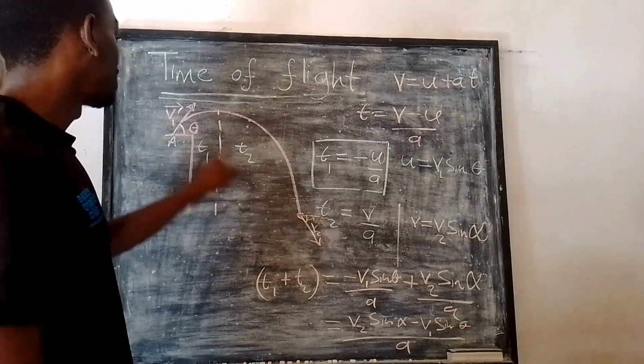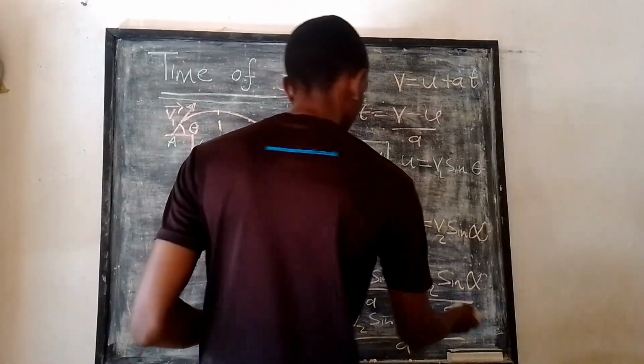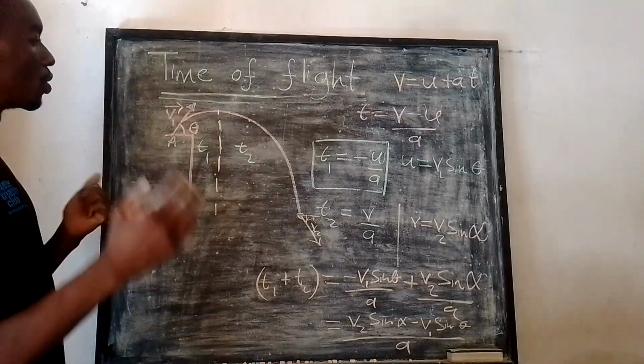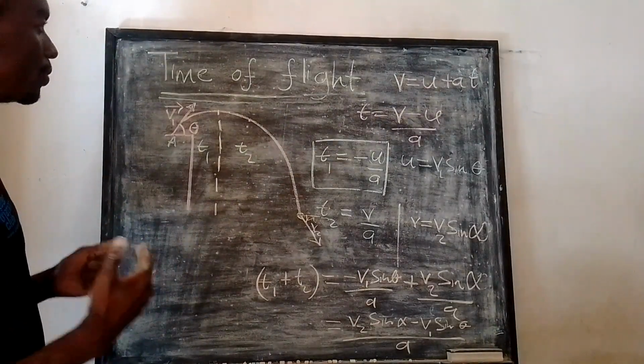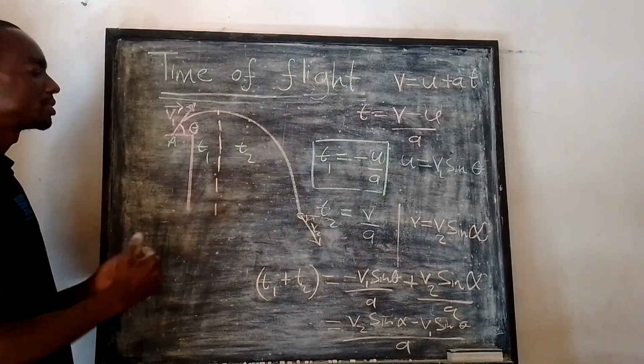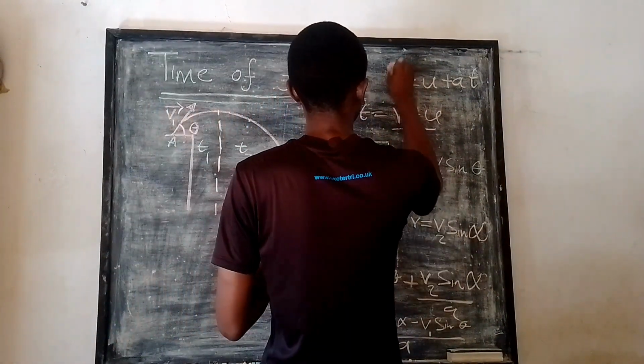Why? Different heights. So you'd have to compute and find out exactly what theta is or what alpha is, depending on which of the two you're given and which of the two you're not given. So this is how you compute the time of flight using our usual simple formula.